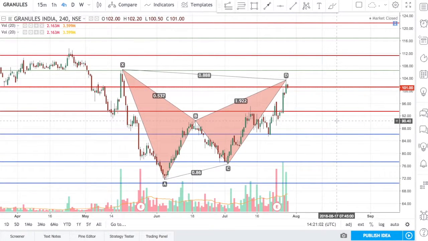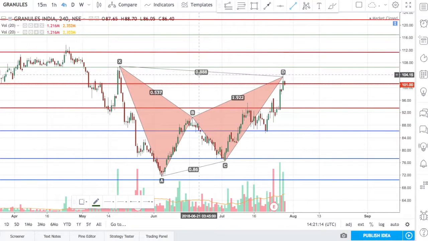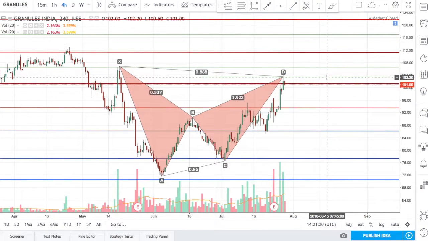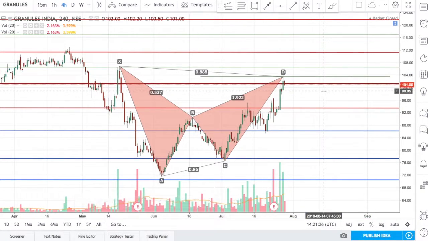So this is how a bat pattern looks like on Granules. This is our completion point. Let's mark it with a line.